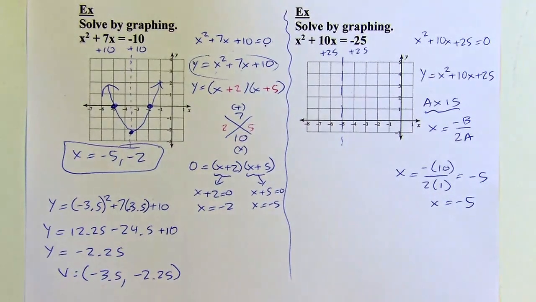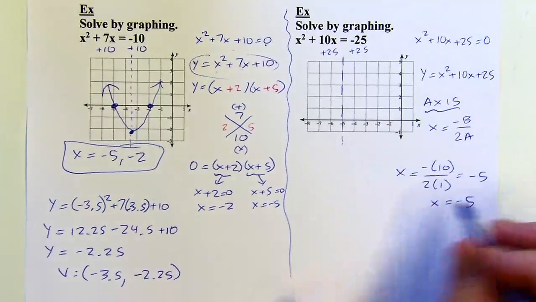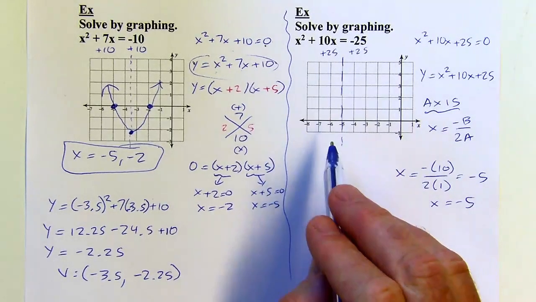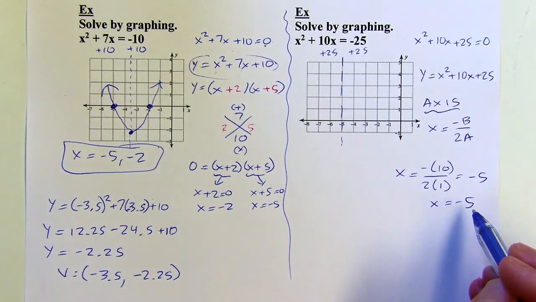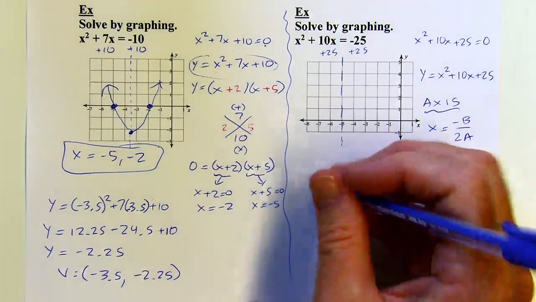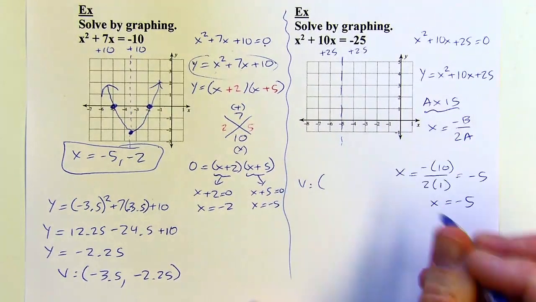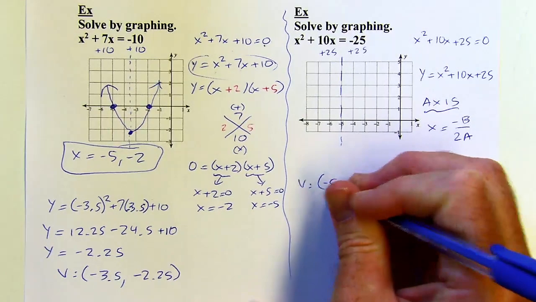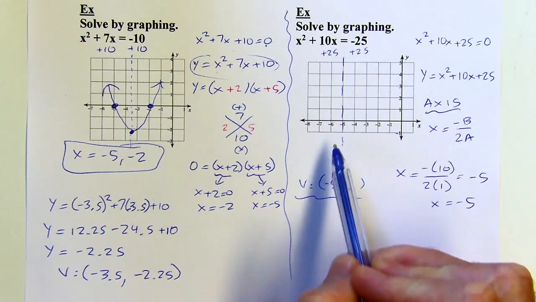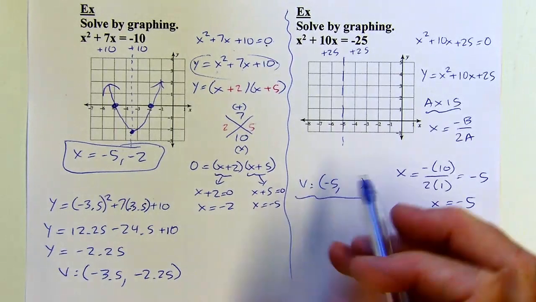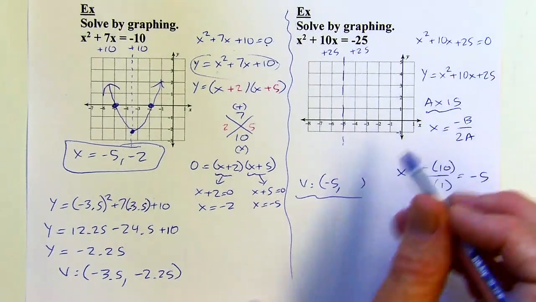Okay. So that means I know the vertex is going to be somewhere on that line, and since the equation of the axis is x equals negative 5, I know the x coordinate has to be negative 5, because any point on that line is going to have an x coordinate of negative 5. Then I just need to find the y that goes with this.